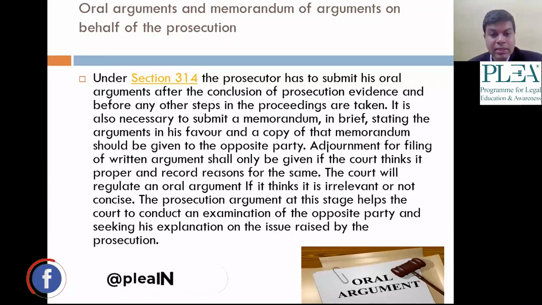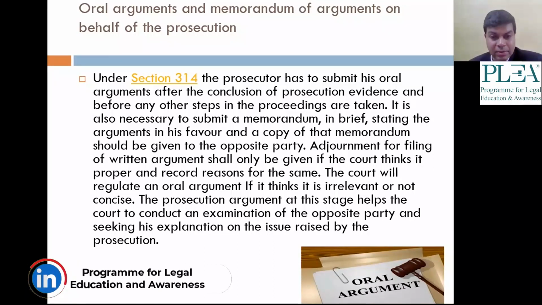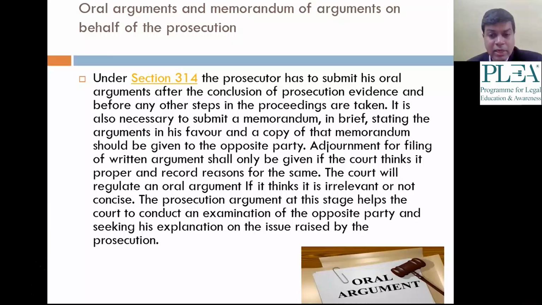It is also necessary to submit a memorandum in brief stating the arguments in his favor, and a copy of that memorandum should be given to the opposite party. Adjournment for filing a written argument shall only be given if the court thinks proper and records reasons for the same. The court will regulate an oral argument if it thinks that it is irrelevant or not concise.